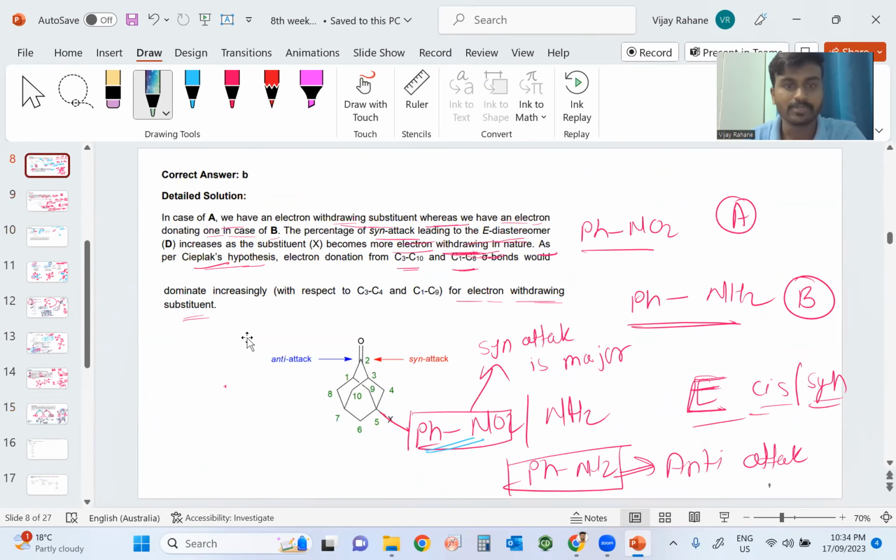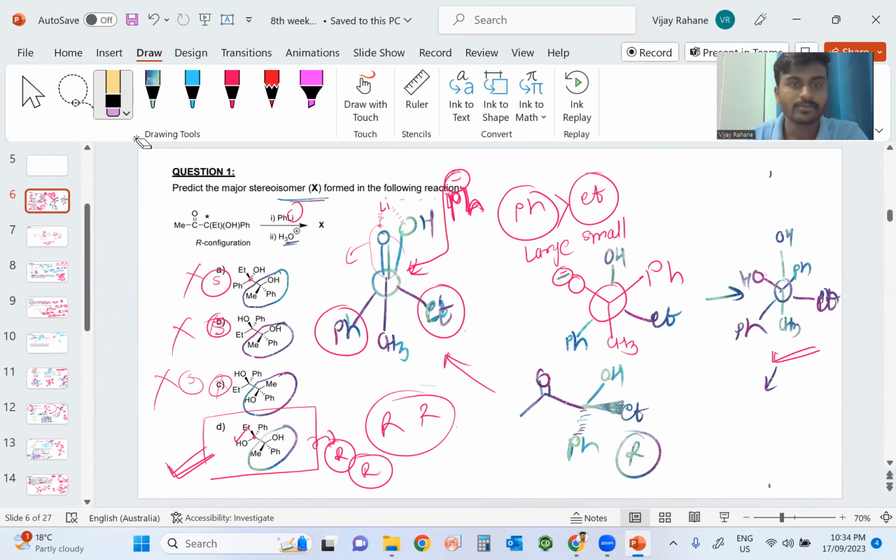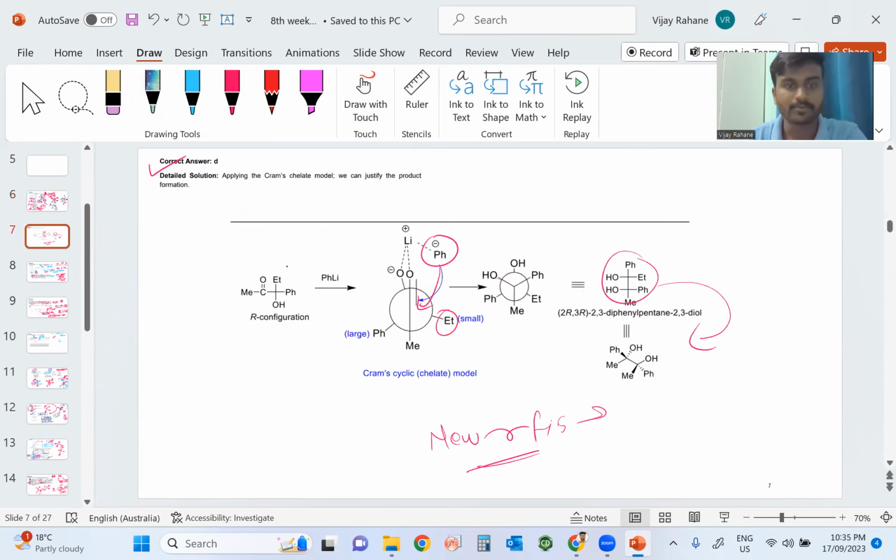If I give some previous examples, as we saw in the first example, why is there the possibility of one major isomer and one minor isomer? This is because we have one group which has a chiral center. If we have a group which doesn't have any chiral center, then attack from both sides is possible. So you can apply the explanation to any kind of problem.